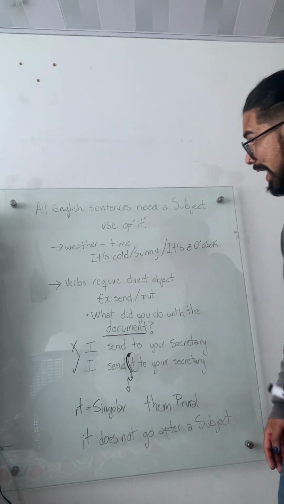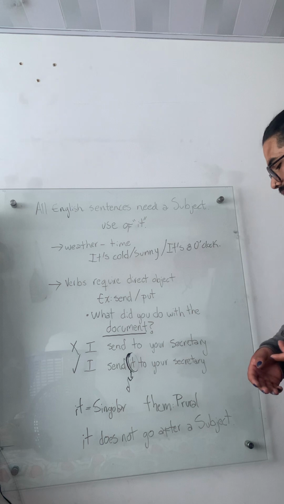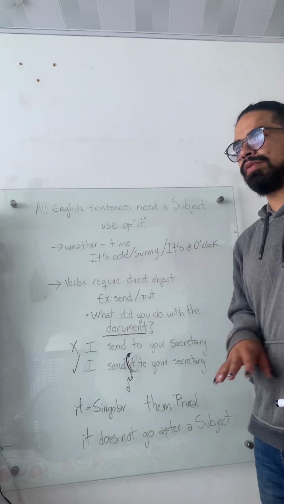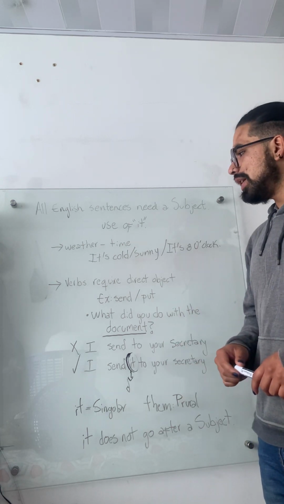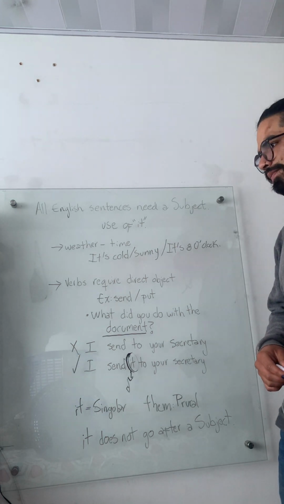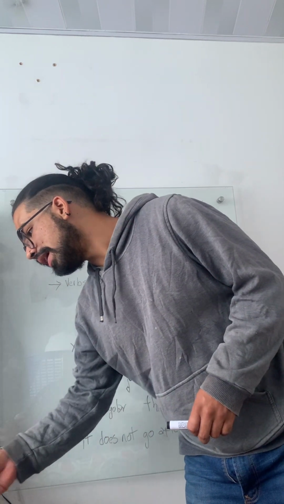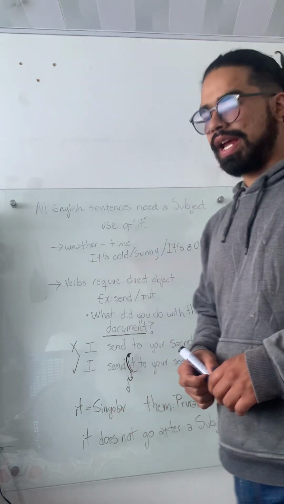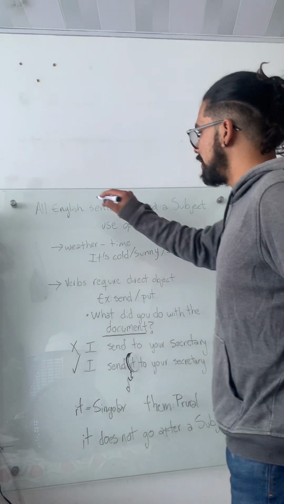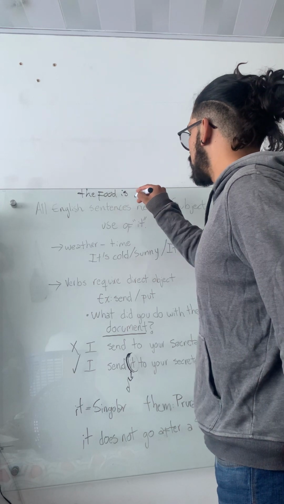Finally, we gotta keep in mind that "it" will never go after a subject. When learning English, it's really common for beginners to say something like, "The food is very good," right? So let's write it down here. The food is good.